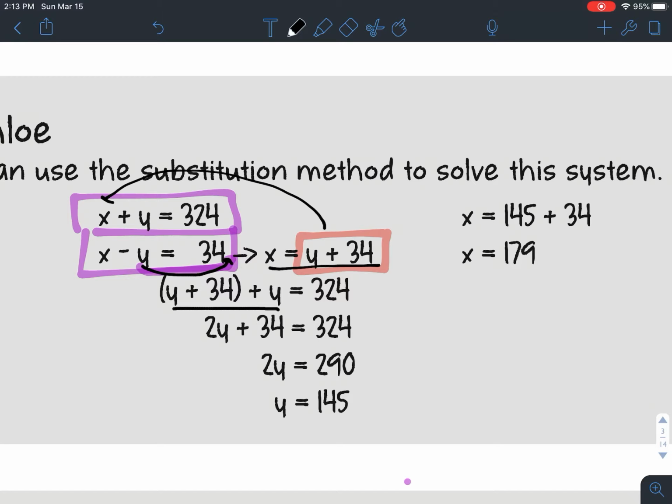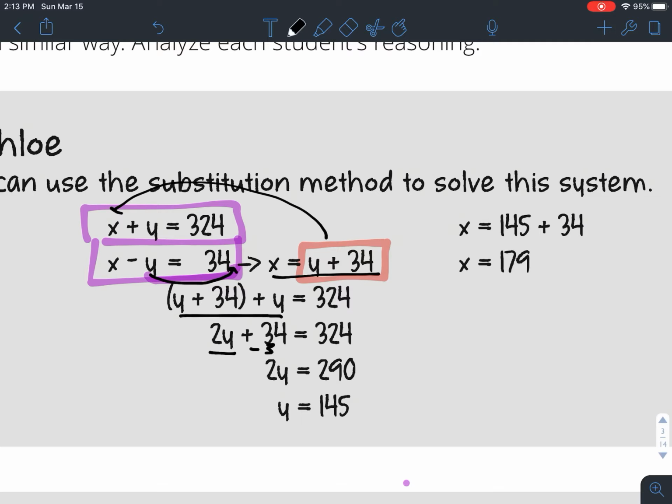Equals 324. She now adds like terms, which is the Y plus Y, gives you 2Y plus 34. She subtracts 34 on each side, leaves you with 2Y equals 290. She next divides by 2 on each side, which gives you 145.